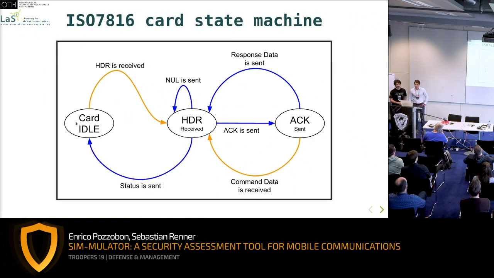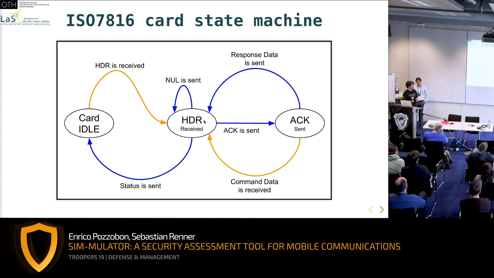Since we want to create a SIM card emulator on our microcontroller, we have to implement everything that a SIM card normally does. This is the state machine of the operation inside a smart card. The card goes from idle, receives the header of a command, and gets into a state where it can buy some time by sending null bytes, which are basically a keep-alive.